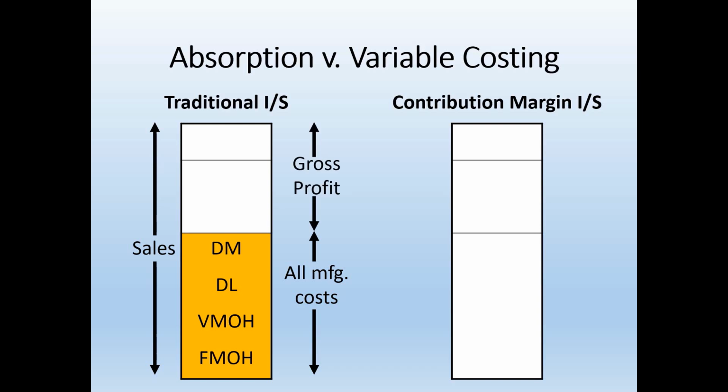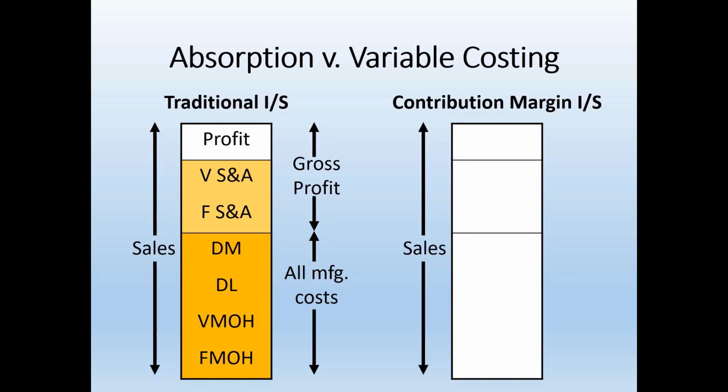That leaves us with gross profit. Part of the gross profit goes to cover our fixed and variable selling and administrative costs. That leaves us with operating income.